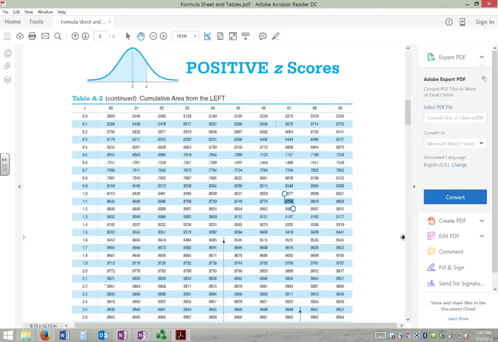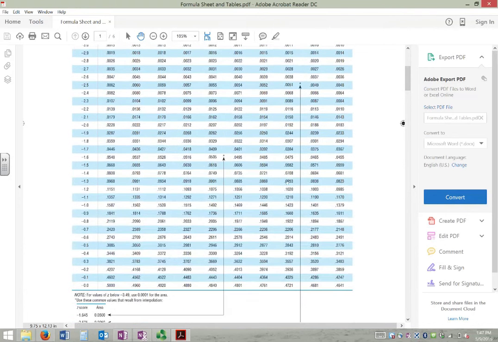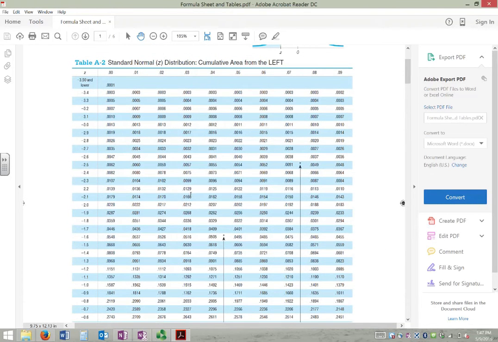And then negative 2.22, okay, so that's a negative z-score, so we have to go back the other direction. Negative z-scores, negative 2.22, and over here we get 0.0132. Again, the negative 2.2 and the 0.02, so that's 0.0132.